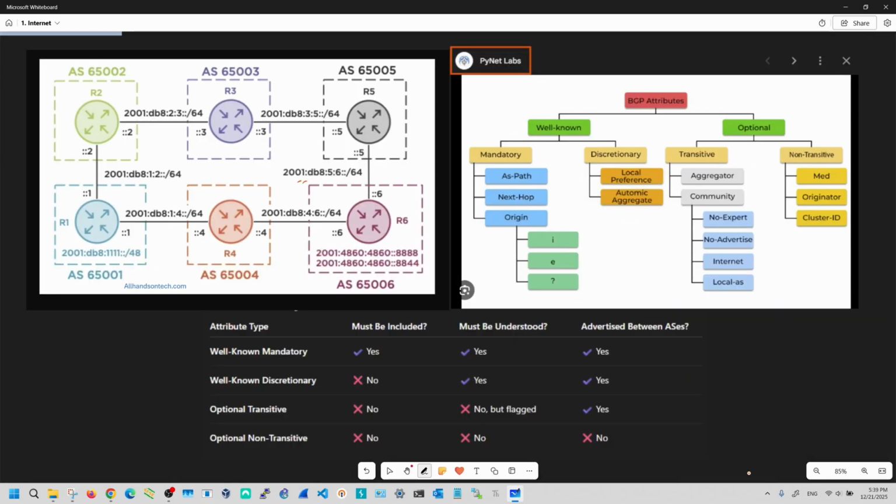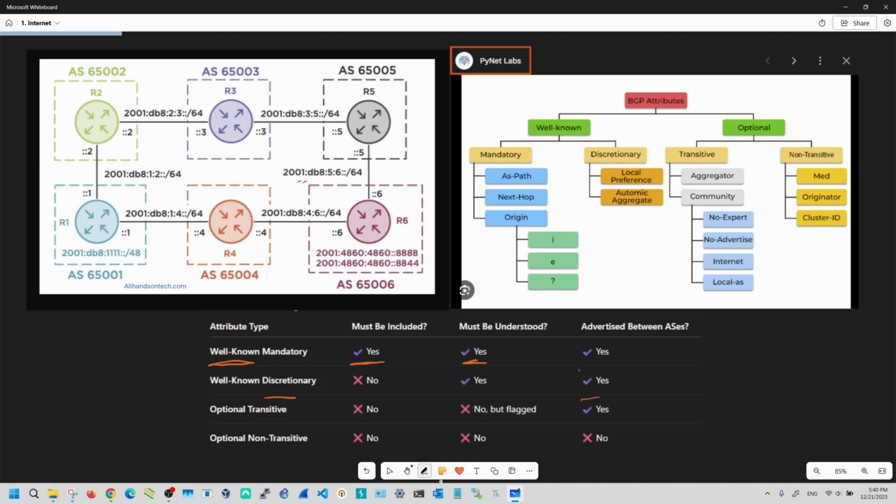And AS path is not the only attribute that BGP uses. BGP is a really robust routing protocol, and actually the only routing protocol that can support the internet. It has many BGP attributes. Some of them are more important, some of them are less, but they all allow us to enforce our routing policy between autonomous systems. For example, well-known attributes must be included in every update, they must be understood by every router, and they're advertised between autonomous systems.